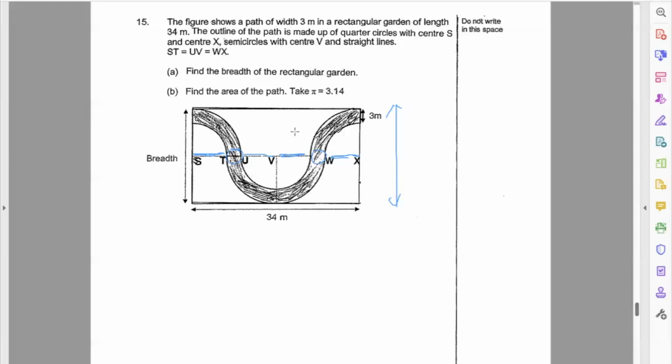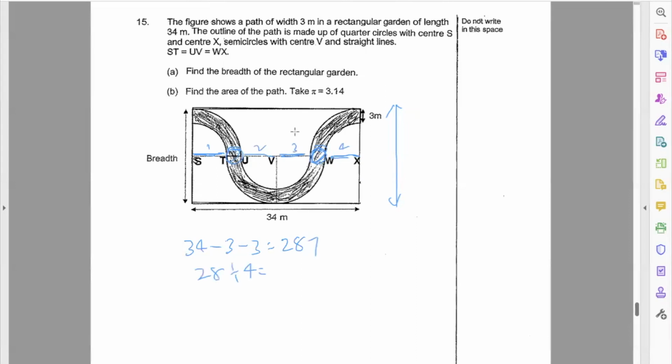So let's take 34, take away the 2 widths, this and this, 3 and 3, and you have 28. Therefore, 28 will be equal to this 4 radius, 1, 2, 3, 4. So 28 divided by 4, you get 7.